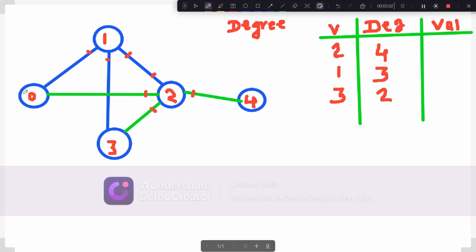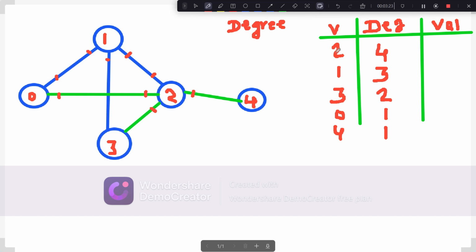Now come to 0. 0 is connected to 2 different lines, so 0 has degree equal to 1 or 2, sorry. 0 would have degree equal to 1. Now finally we have 4, right? Vertex 4 has degree equal to 1 because only one line is connected with it. So this is our degree.